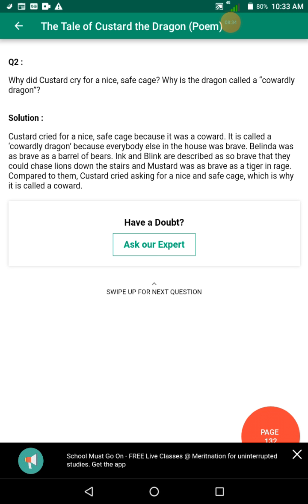Third is Mustard. It's as brave as the tiger in a rage. When you compare all the things, Custard is the only one who is crying and asking for a nice safe cage. That is why he is called a coward. Okay, children? Now please write them. First you write Custard, cowardly dragon, and how others are brave, one Belinda.